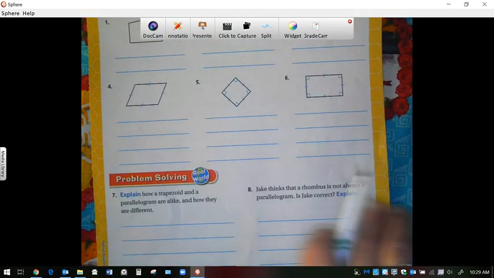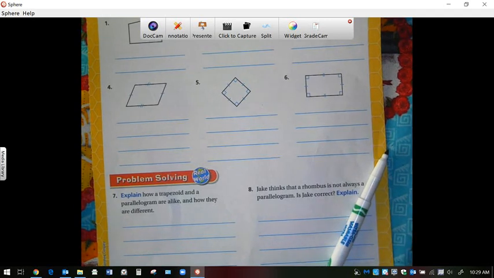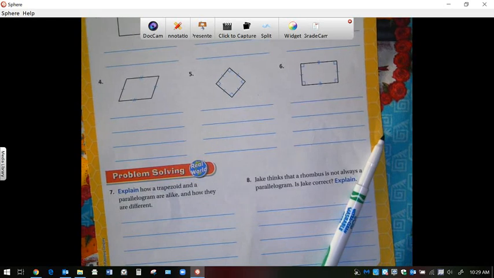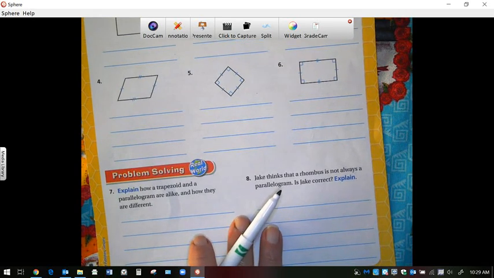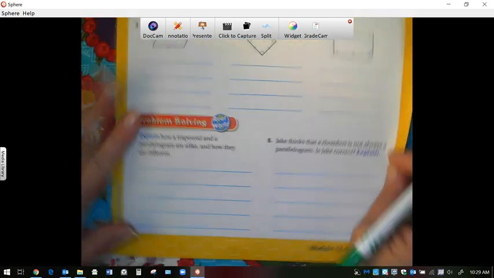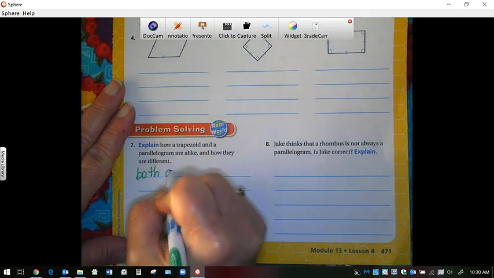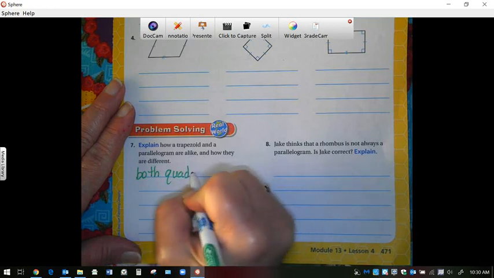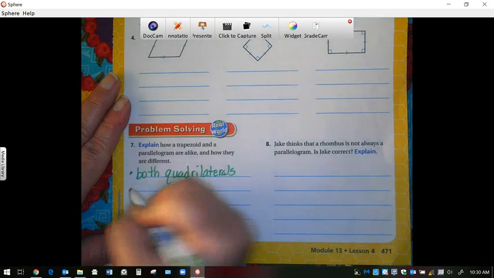Explain how a trapezoid and a parallelogram are alike, number 7, and how they are different. Again, it's all about writing key features. So, one thing that they have similar is that they are both quadrilaterals. Something that they have in common.